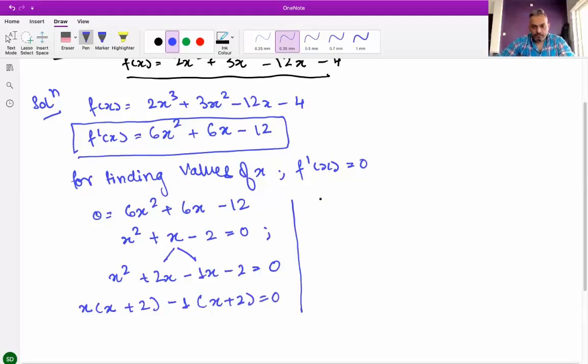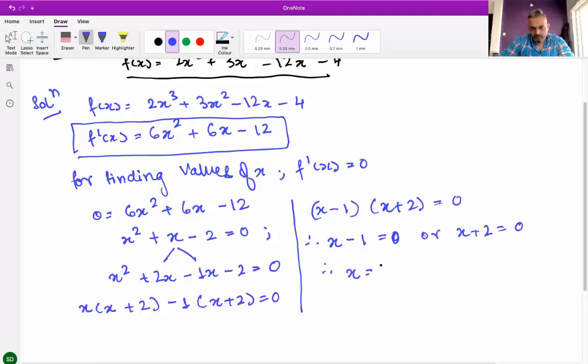So now we get (x − 1)(x + 2) = 0. Therefore, x − 1 = 0 or x + 2 = 0. Therefore, x = 1 or x = −2.